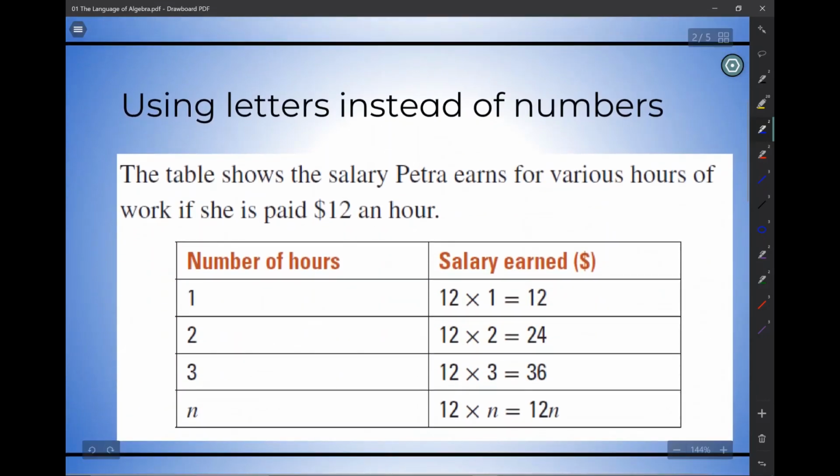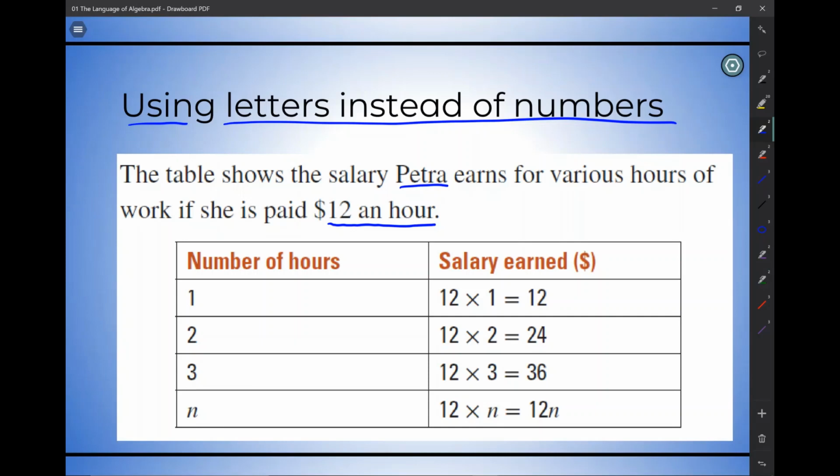Let me start with introducing you to the key premise of algebra, and that is using letters instead of numbers. Now let me show you how that works with this example here. We have our friend Petra, who is paid at a rate of $12 per hour.